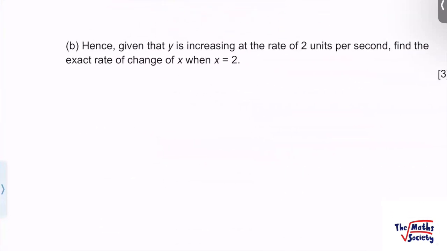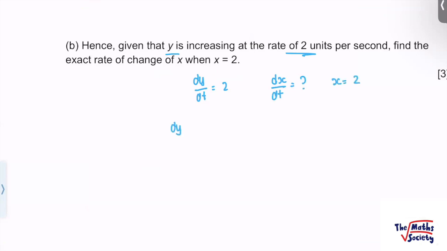And in B, it says, hence, given that y is increasing at a rate of 2 units per second, so it's dy by dt, which is 2, we need to find the rate of change of x, which is dx by dt, when x is equal to 2.